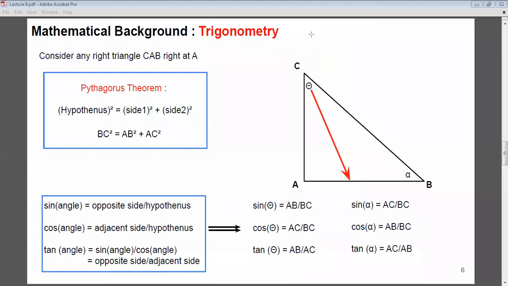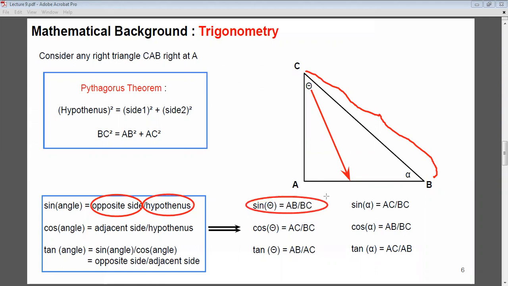So sine of theta is equal to the opposite side divided by the hypotenuse. The opposite side is AB. So sine theta is AB over the hypotenuse, which is BC. Okay. These are definitions. You just memorize them like this.